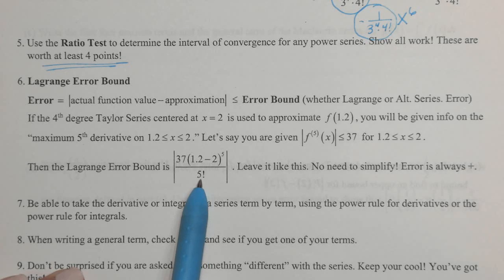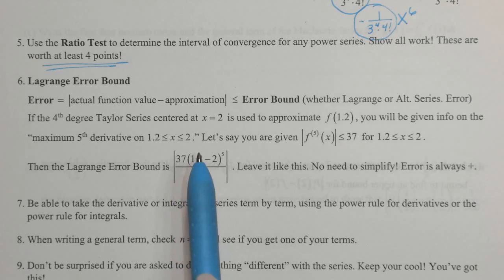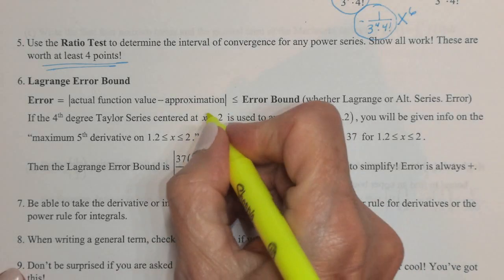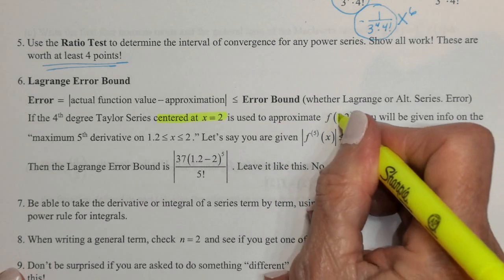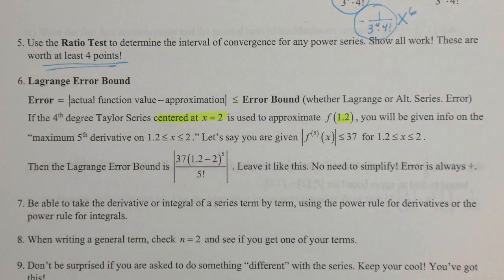And there's one other difference. This is not just the derivative, it is the maximum derivative on an interval. The interval is always from your center, whatever your center value is, to your x in your approximation.